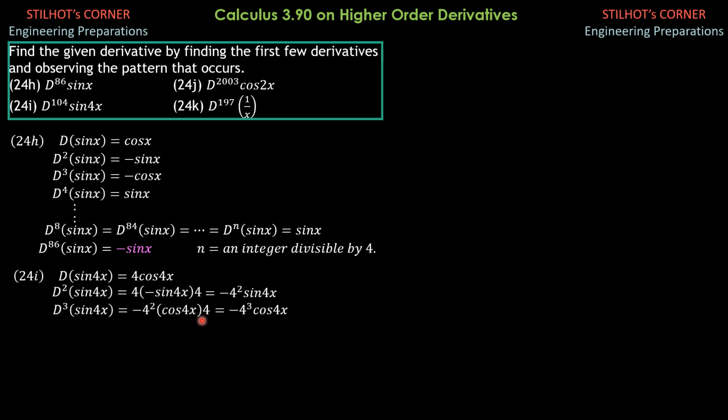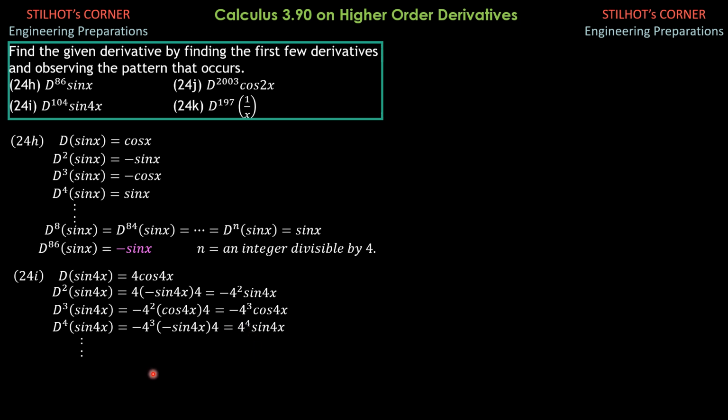The fourth derivative is negative 4 cubed times negative sine 4x times 4, so that means it is 4 to the 4th sine of 4x. So we have now seen the pattern that if n is divisible by 4, the nth derivative is 4 to the n sine of 4x.